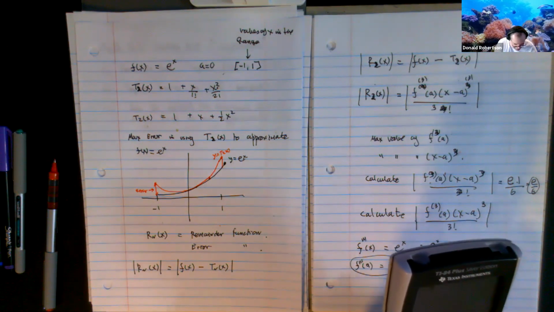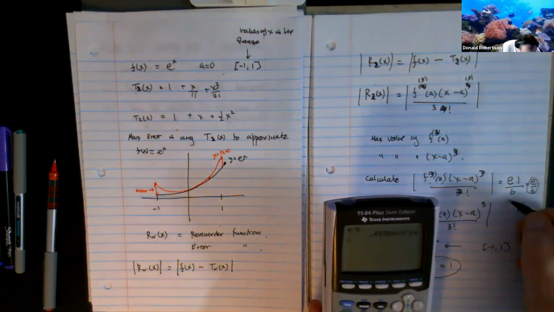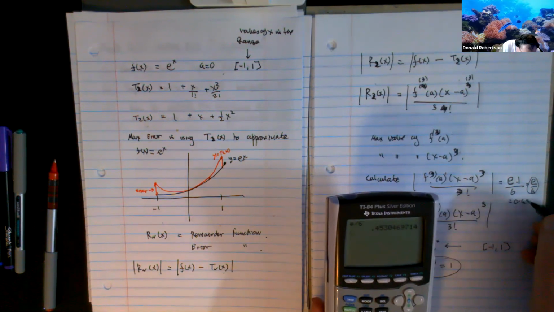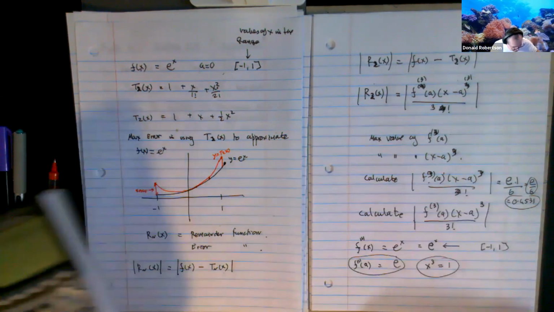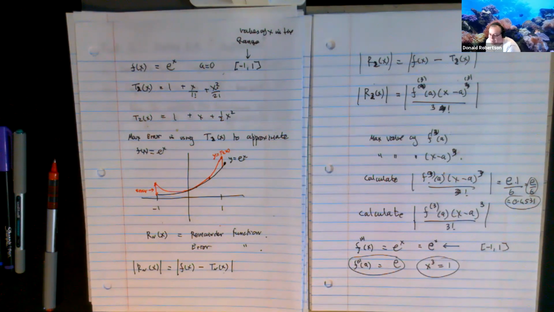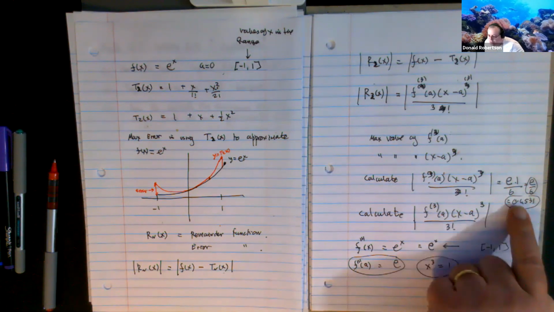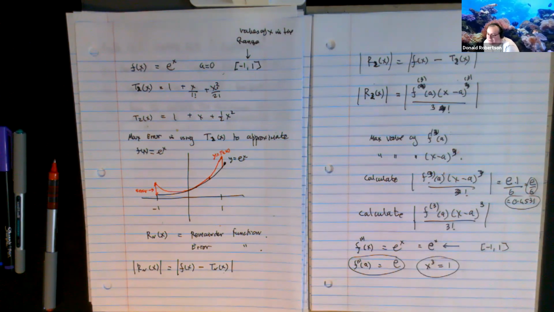E divided by 6 is about 0.4531, which is, by the way, why, remember I did e to the 1 and it was horrible? It could have been as bad as 0.45 out. Which means we now have a way of estimating what the worst case scenario is.